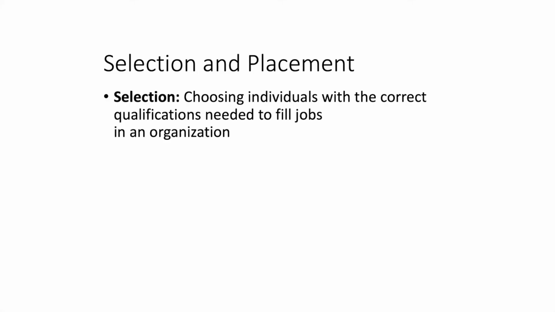So the first slide here deals with that acquisition phase. It talks about selection and placement. So let's take a look at these two concepts here at the beginning. So, selection deals with choosing individuals with the correct qualifications needed to fill jobs in an organization. Now that sounds fundamental, and it fairly well is.